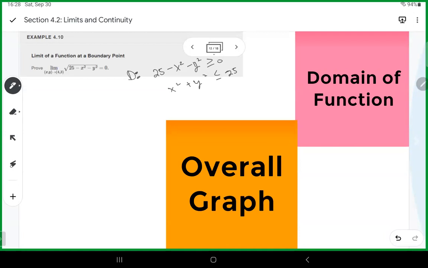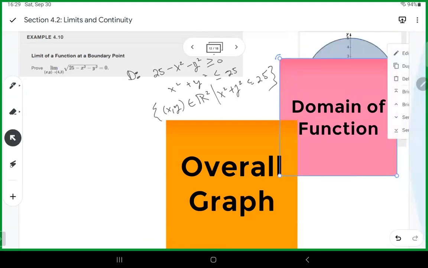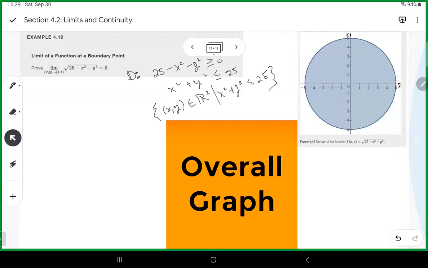So that gives us this overall answer for the domain. And that is going to look like this, which you guys definitely should have picked up would be a circle.